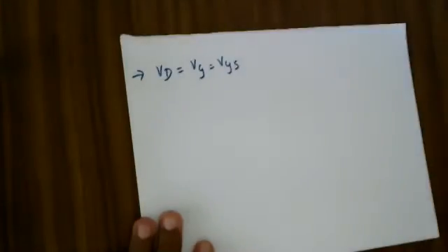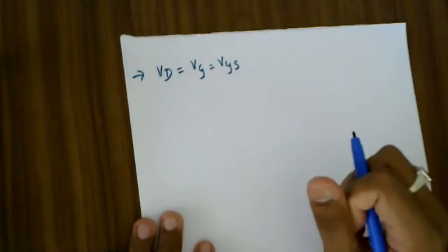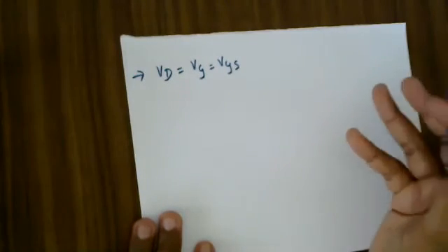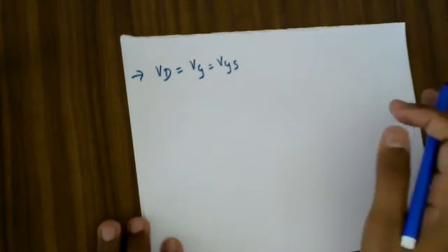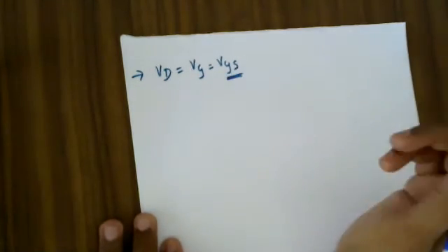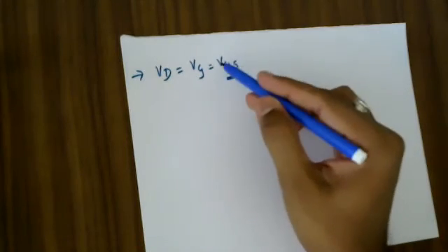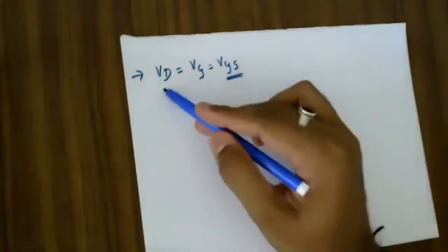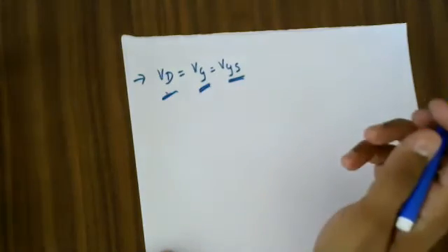Once I understand how the circuit is behaving there, I can use an equation wherein I can easily compute the value of VGS, because the value of VGS is nothing but the value of VD and VG.